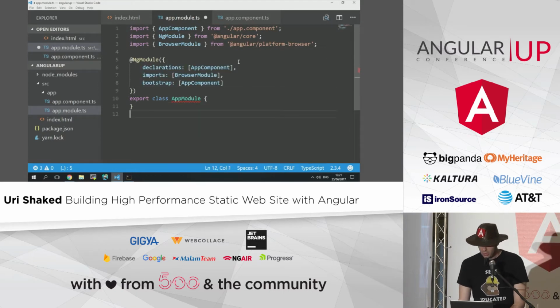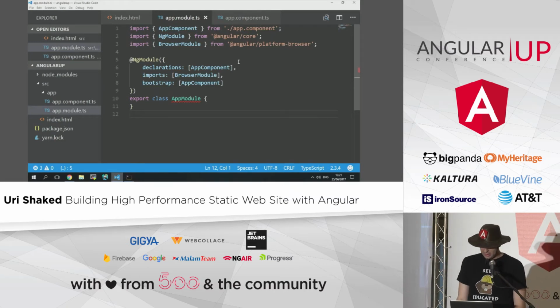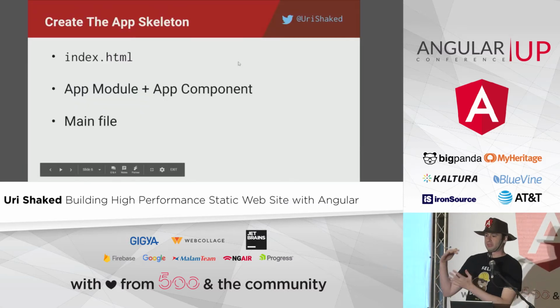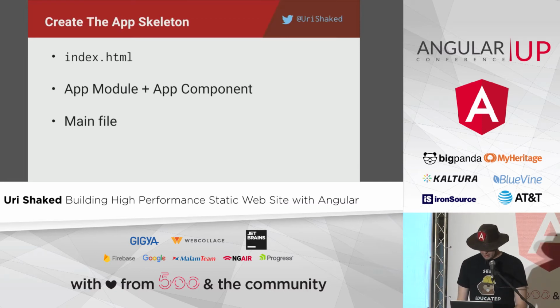And now we have everything we need ready: a module, a component, and an index.html file that will start the application. Except we still can't run it. We also need to set up a main file that will bootstrap Angular and start the application.